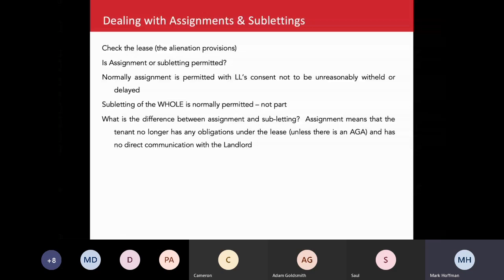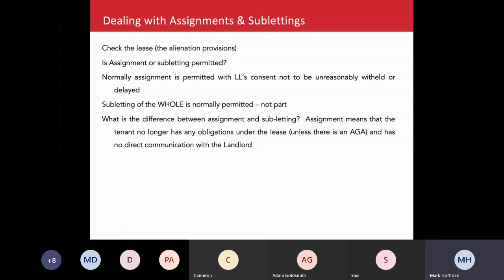So the tenant comes to you and says, I'd like to assign. Before you give an answer about assignments or sublettings, please ensure that you check the lease. You look at the alienation provisions in the lease, because that will tell you whether assignment or subletting is permitted, and if both or one or the other are permitted, are there any conditions?